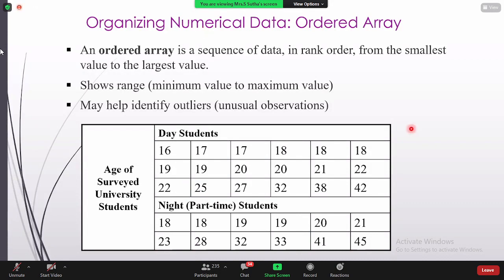What is the measurement here we take? What is the measurement for this variable? Day students, night students? No. Now your variable is age.